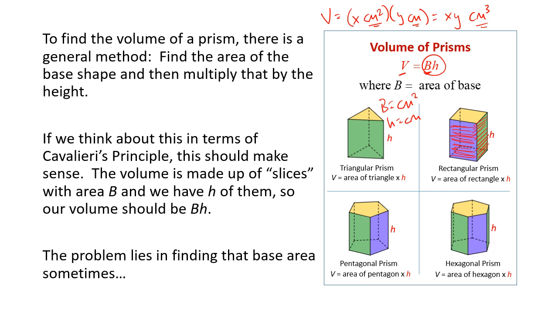We could do a class activity where we were to take a prism and break it into slices. So if this is, say, 8 centimeters high, we could break it into 8 little wedges and then measure the volume of each of those slices and then add those volumes up, which isn't really the same thing because now we're just taking volume and multiplying it by 8 rather than taking areas and multiplying it by height.